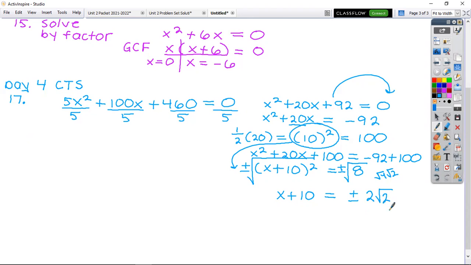Simplest radical form always. Then I'm going to go minus 10, and I just place that number right in front. So my answer is negative 10 plus and minus 2 radical 2.